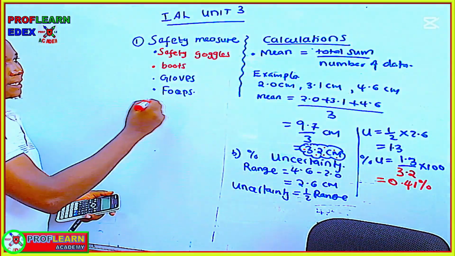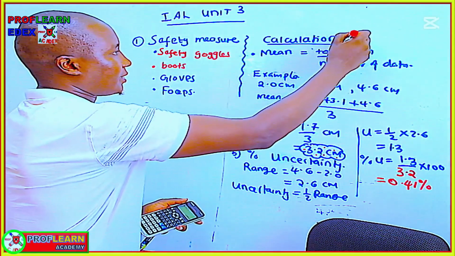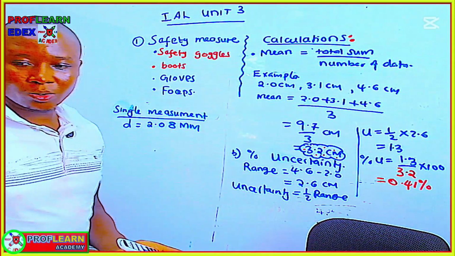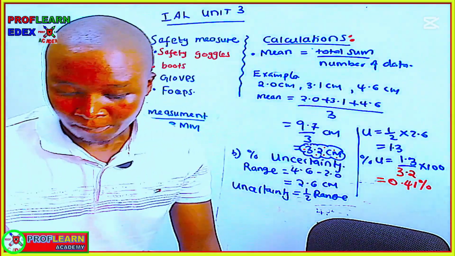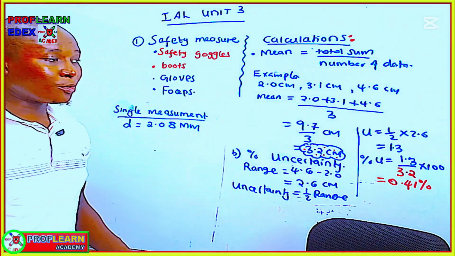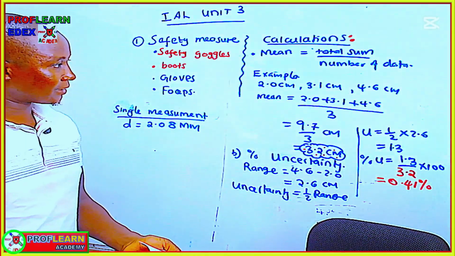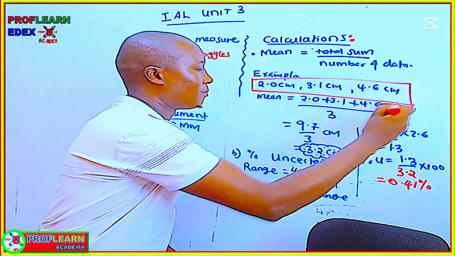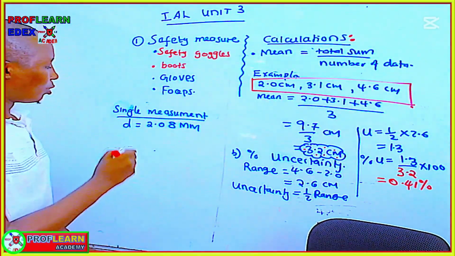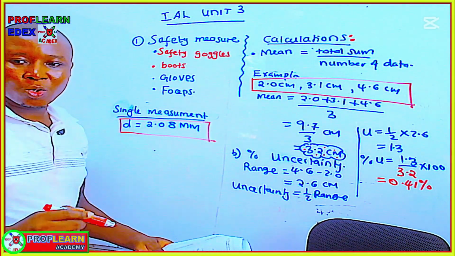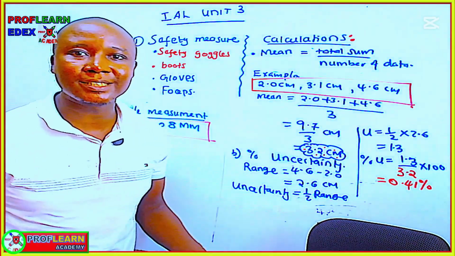Now, another type of uncertainty calculation you'll be seeing in your exam, and then you are supposed to calculate the percentage uncertainty. Anytime you are going to do a Unit 3 exam, you will have a question that has different measurements, more measurements, and you will have another question that will have a single measurement, and then you are supposed to work out the percentage uncertainty.